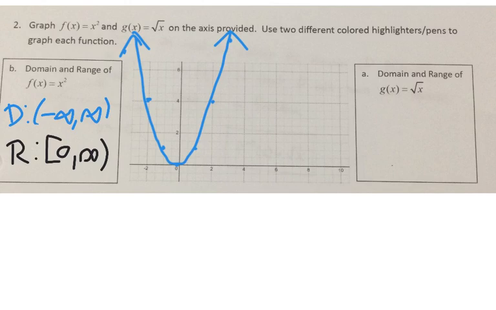Okay, now let's graph square root of x. Hopefully remember, we can't plug in anything for x unless it's non-negative. If I plug in 0 for x, I get out a y value of 0. If I plug in 1 for x, the square root of 1 is 1.